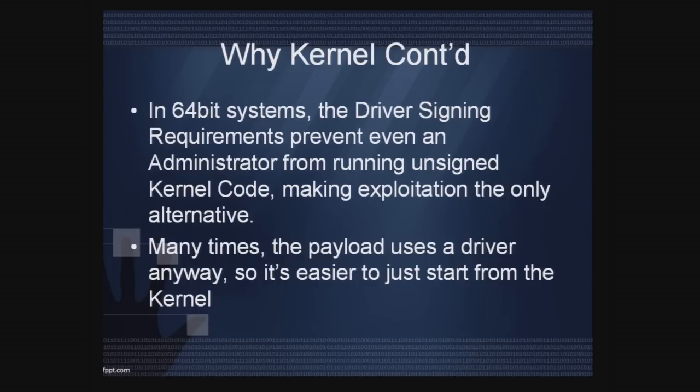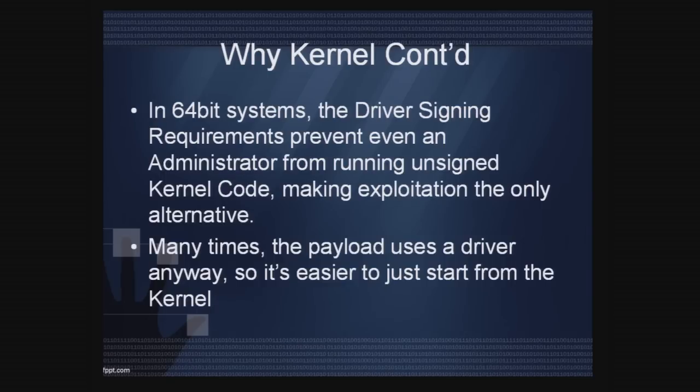Another thing that we see happening in 64-bit systems is the introduction of driver signing. Many attackers, a good example is rootkits, if they want to hide stuff, they want to be in the kernel anyway. There's no way to do it legitimately because their code is not signed.